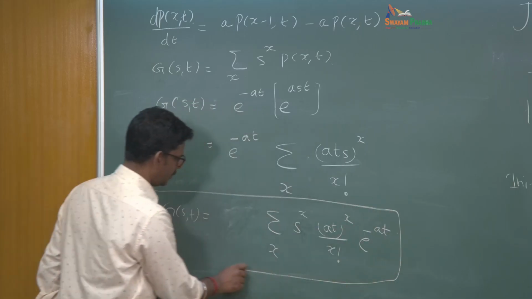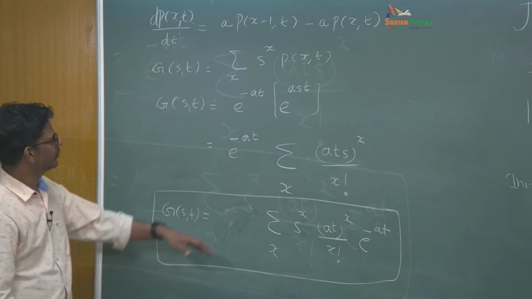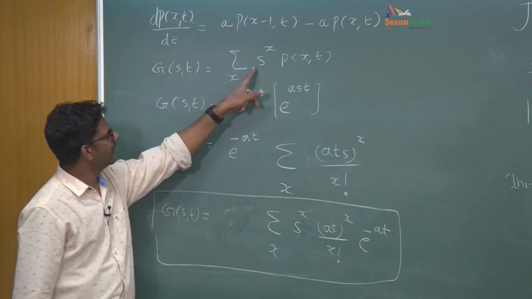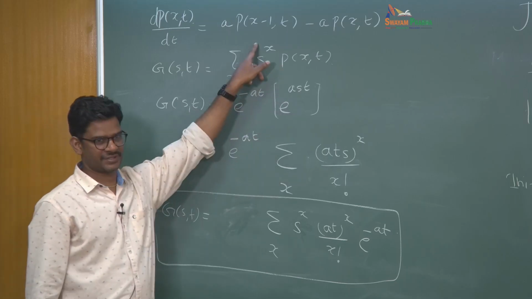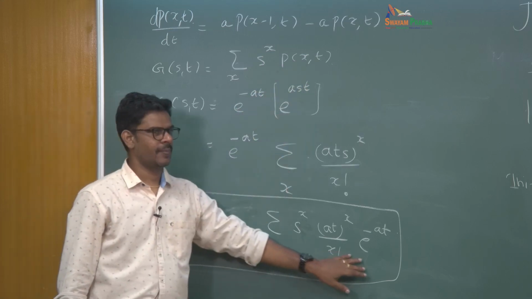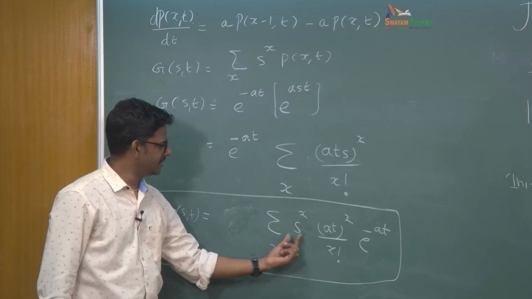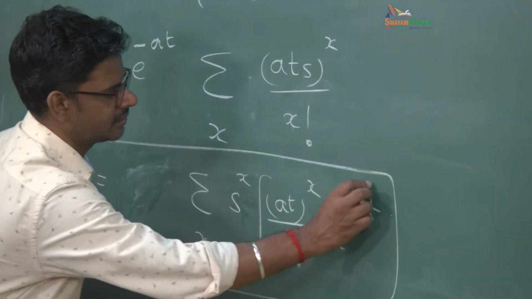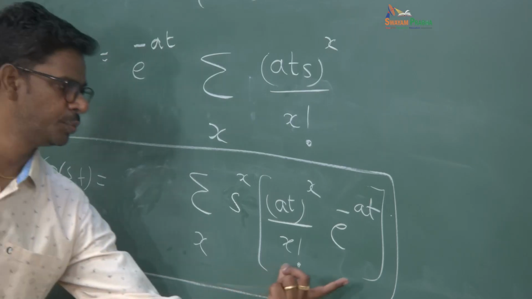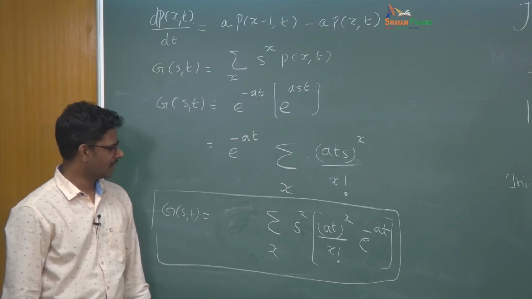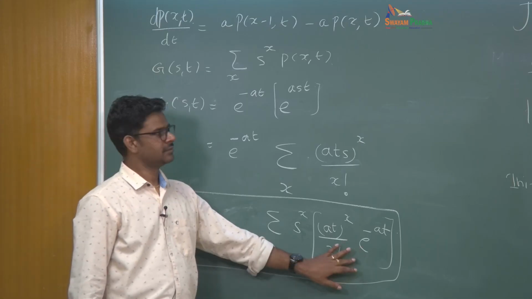Now we go to the definition of the generating function g, and whatever is the prefactor of this s power x term should be p of x comma t. In the solution we have rewritten it in such a way that there is an s power x term and then a prefactor. So this entire group of terms should be equal to p of x comma t.